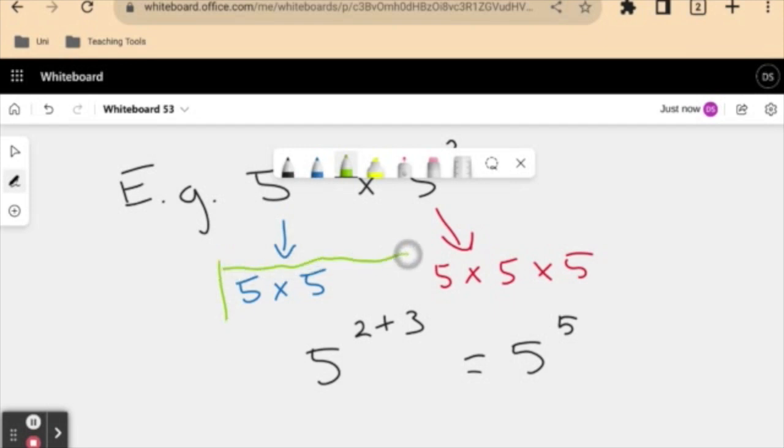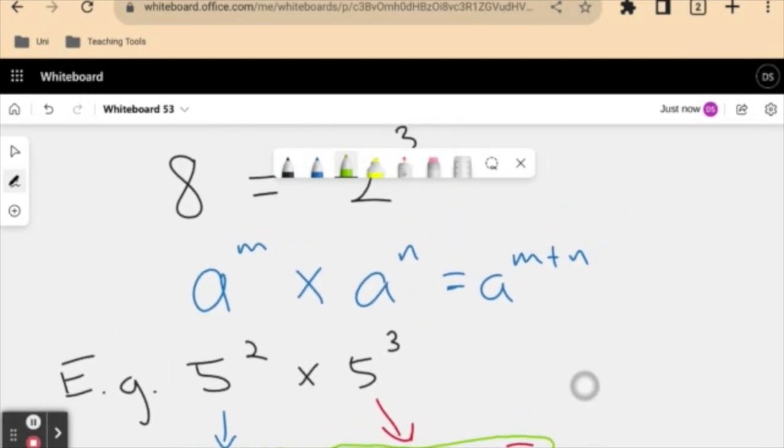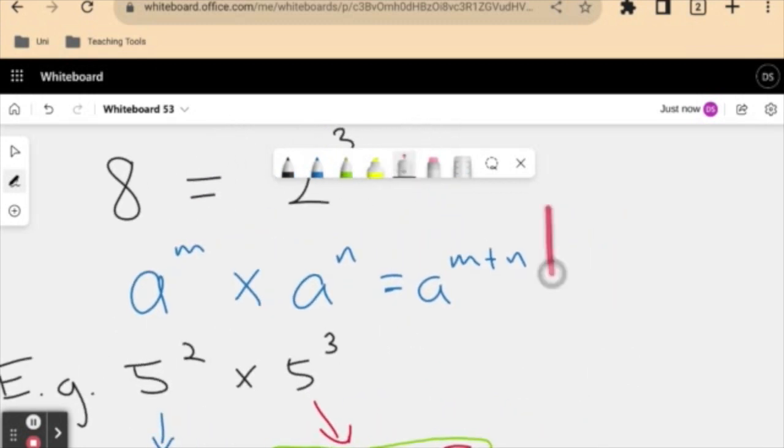By decomposing this, we have 5 different 5s all multiplying by one another. And the general rule for this is the thing that I've drawn here.